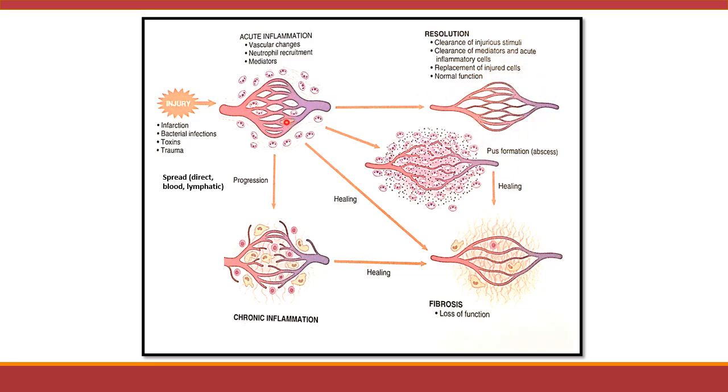Another option for the acute inflammation is healing. And healing occurs by fibrosis or scarring. And this is called repair. This type of healing, as we said before, is depending on the extent of the tissue damage.